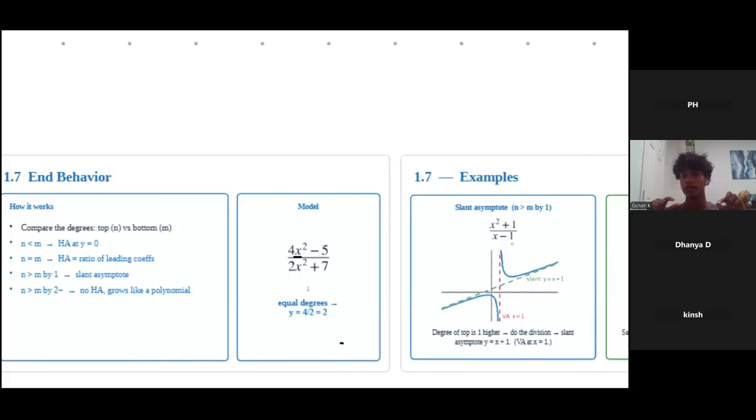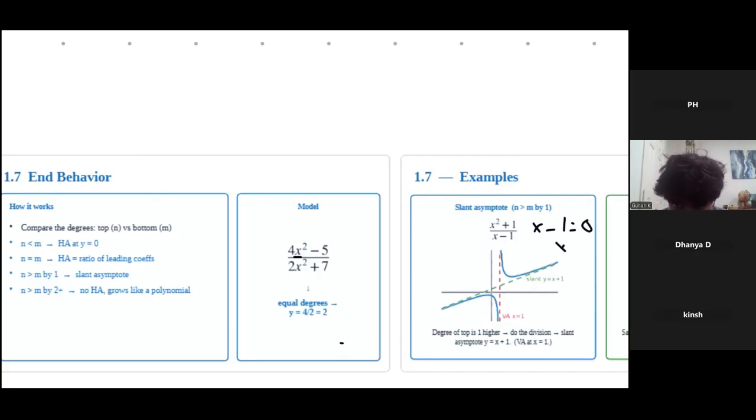Your vertical asymptote is whatever makes the denominator 0, because anything divided by 0 is undefined, and the asymptotes are where we can't go. So if we solve x minus 1 equals 0 and add 1 on both sides, x equals 1 is our vertical asymptote.